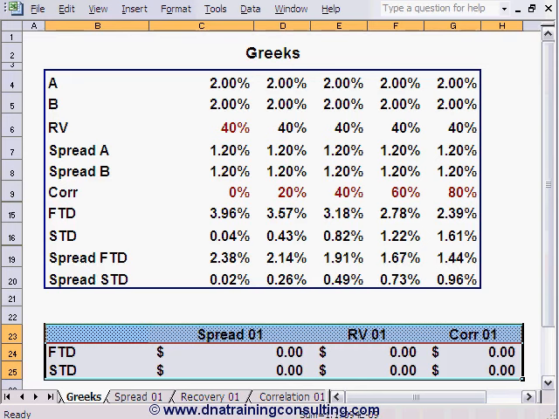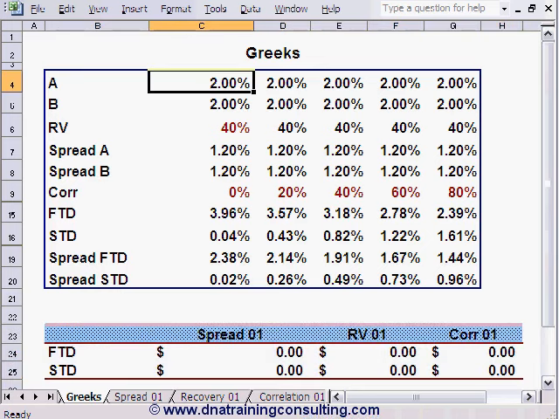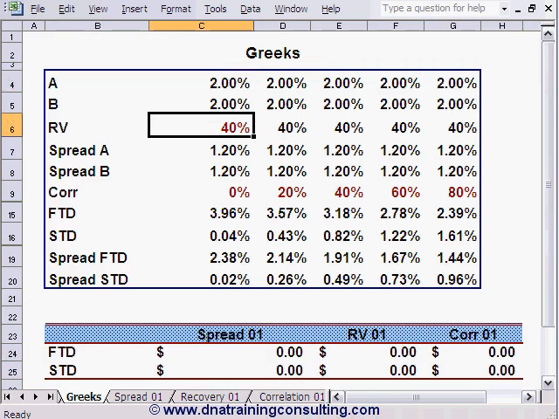We also assume that initially PD is 2% for each reference entity, RV is 40%, and that the estimated default correlation for the two reference entities is 20%, which puts us, as you can see, in column D as in David.